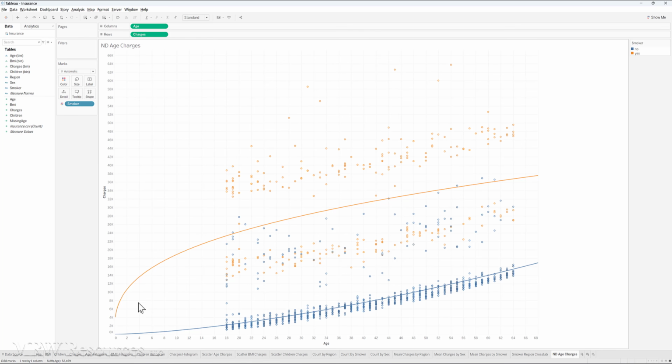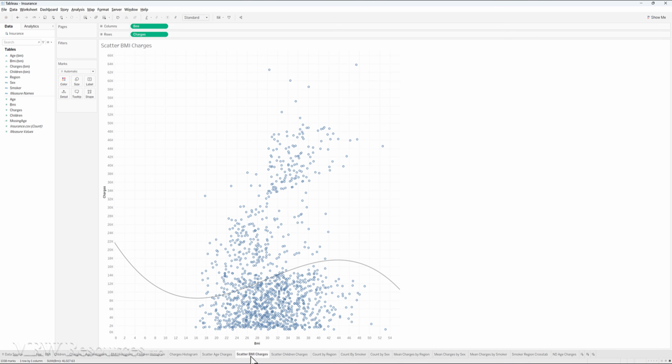Let's see what else we have. All right, so scatter, age, and charges. So BMI, this is one where we ended up having a polynomial describe it, going up to cubes. If we look at this distribution, we've got kind of the bulk or the foundation right here.